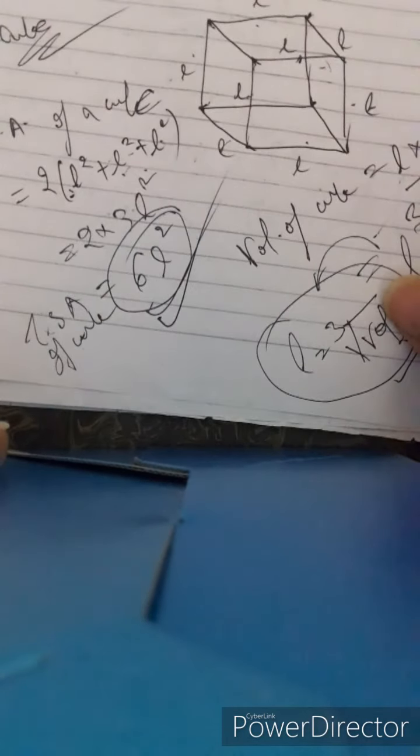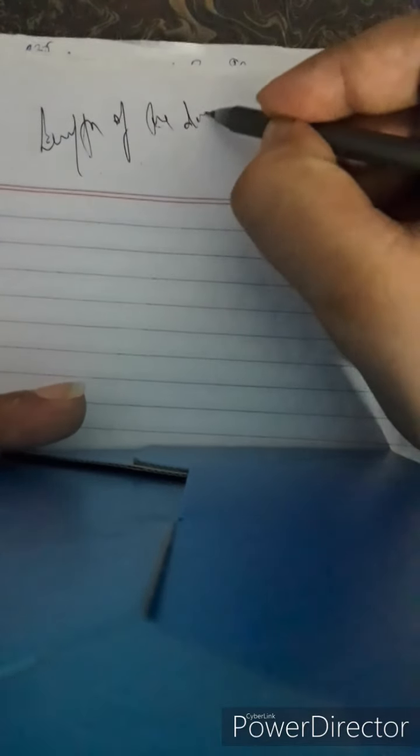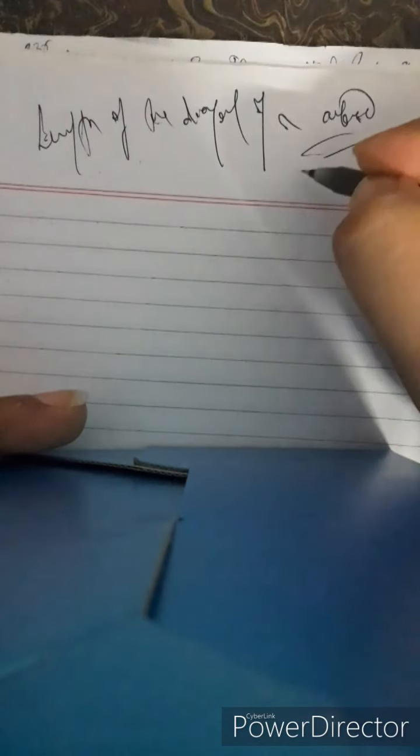So just I'll turn this page. Now coming to the length of the diagonal of a cuboid.